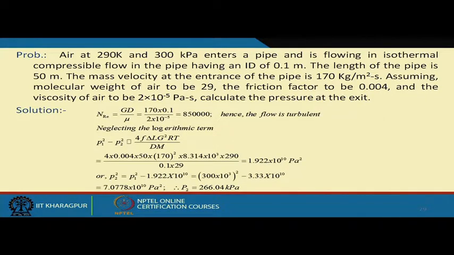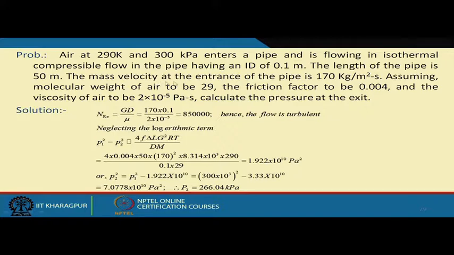For example, another quick one: air at 290 Kelvin and 300 kilopascal enters a pipe and is flowing in isothermal compressible flow. The pipe has an ID of 0.1 meter, and the length of the pipe is 50 meter.